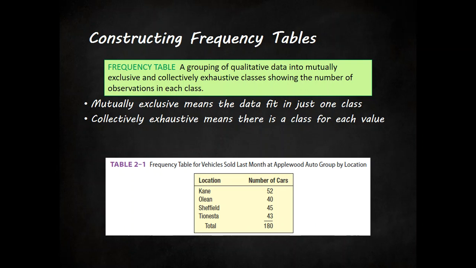So Kane can't be in Olean, can't be in Sheffield, can't be in Tionesta. All of these have to be mutually exclusive and can't overlap. Also, it has to be collectively exhaustive. This means that there's a class for each value. So if you have a dealership or a city that only sold one car, you still need to have that one up there to demonstrate that.